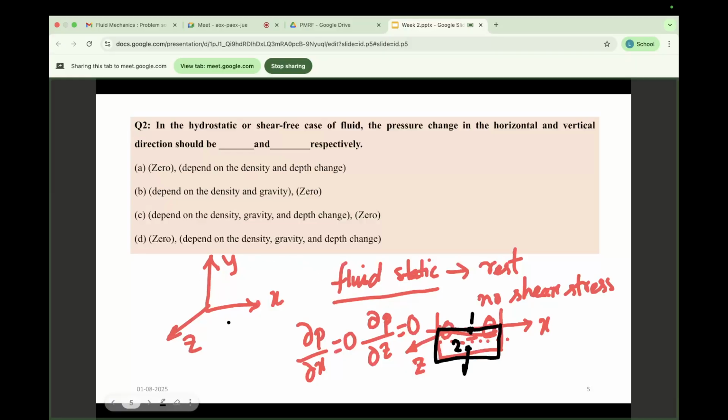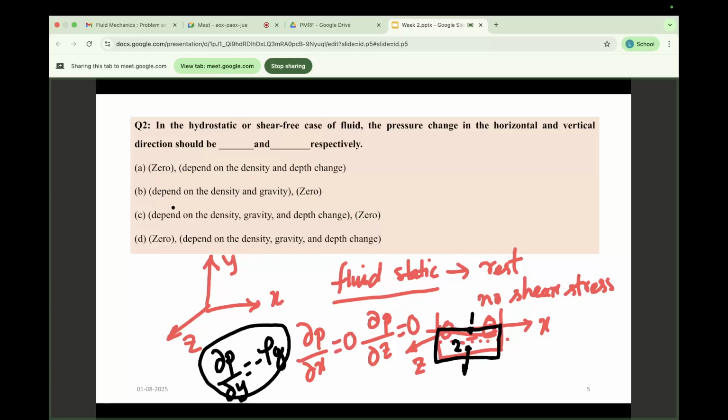That's why there is a change, and this change can be written as minus rho g. So in the vertical direction there is variation. This variation is because rho is the density and g is the gravity.